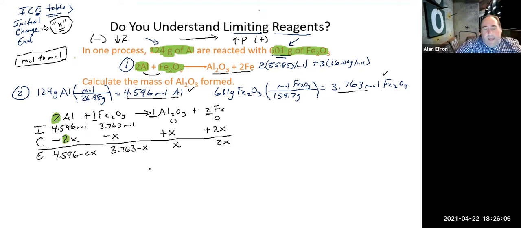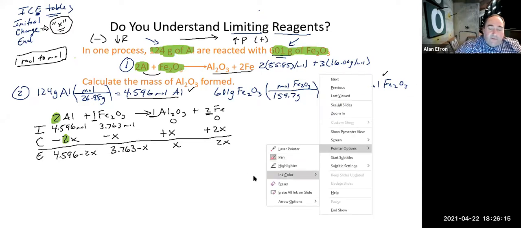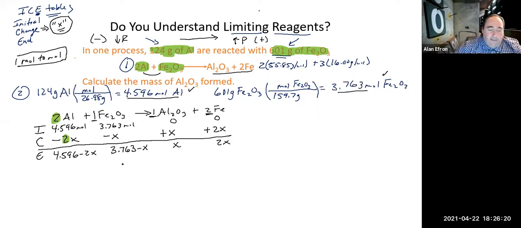All right. So now what we're ready to do is actually determine what is our limiting reagent, what is our excess reagent. So to do that, we're going to do two really easy calculations. Basically, we're going to take the first one, 4.596 minus 2x, and set it equal to 0. We're then going to solve for x, which means 2x goes to this side, 4.596 divided by 2.